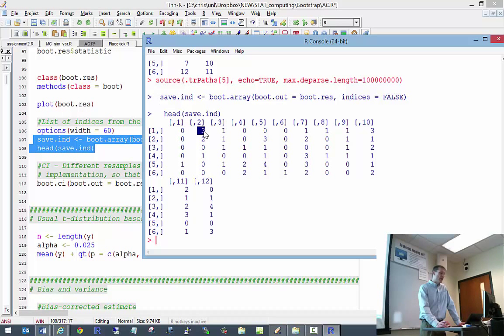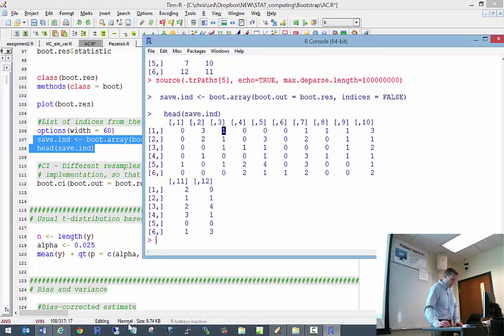I observed y2 3 times. I observed y3 once. Note that this is not in the notes, but it will be helpful in the assignment. What we can see here is that the first row of that matrix is a vector of multinomial counts. Any questions?